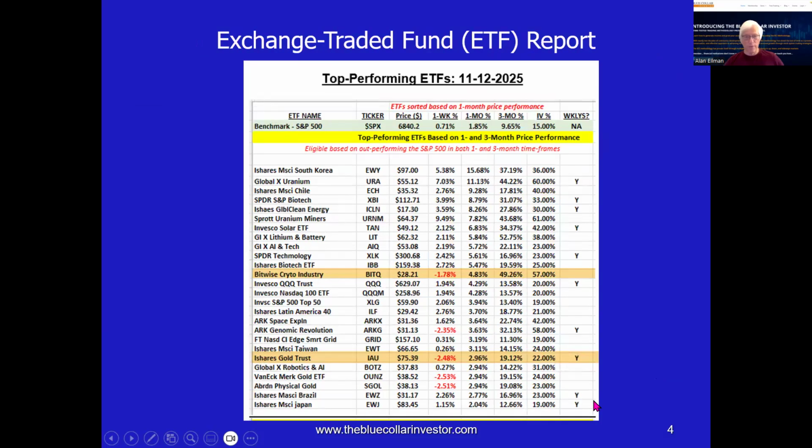So all good there. Let's move on to the 2 that we're going to select from the exchange traded fund report. Well, we select elite performing securities, relative strength ratings of 60 or higher, meaning in the top 40% of all securities, non-leveraged, which means low risk securities for the most part, and that have outperformed the S&P 500 in both 1 and 3 month timeframes.